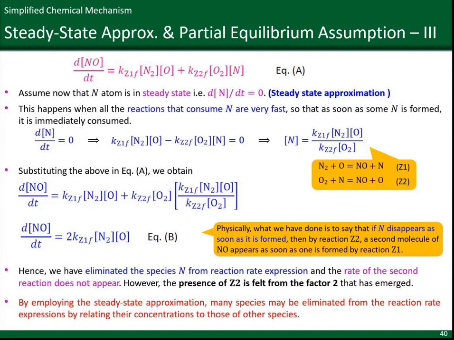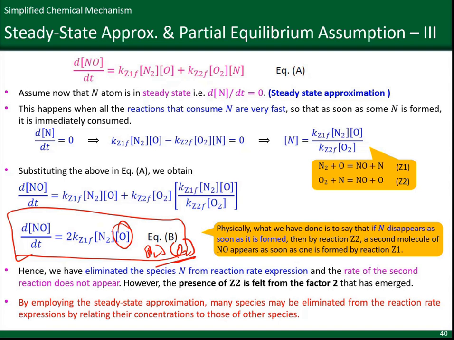Okay, so now we have this expression, equation B, and now we have to figure out a way of getting rid of this O, or in simple terms, we need to replace the oxygen atom concentration in terms of concentration of N2 and O2, or maybe just O2, right? We somehow have to replace this oxygen atom.